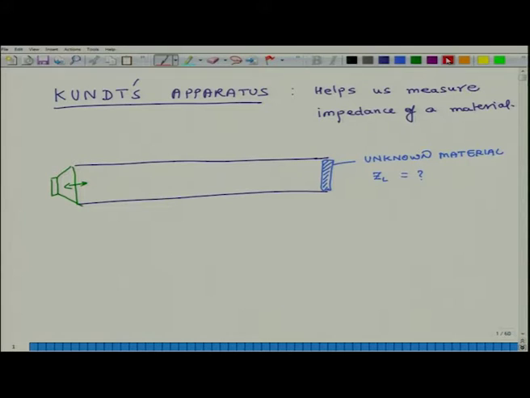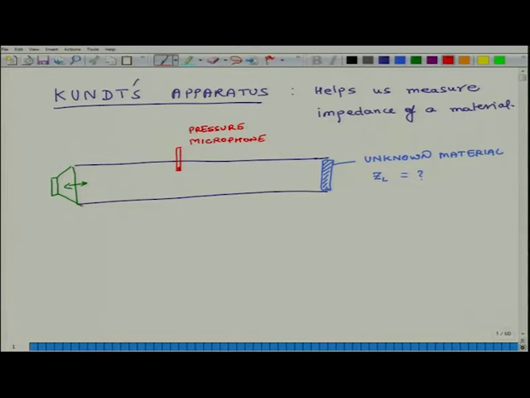And finally what you have is a microphone. So, this is a microphone, and this is particularly a pressure microphone, because it will measure the sound pressure level of air inside the tube.